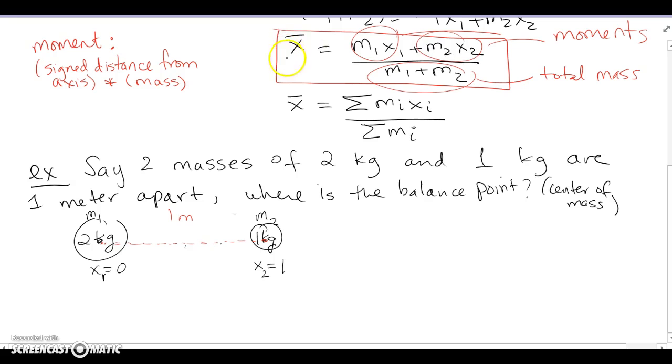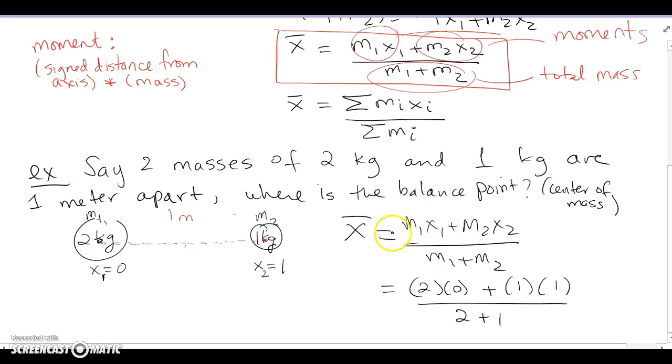So if I want to find the balance point, I have my M1 x1 plus M2 x2 over the total mass of the system. So I just plug them in, mass 1, 2 kilograms. X1, based on what I call the 0th location, is 0. M2 is 1 kilogram, X2 is 1 meter away, all over the total mass 2 plus 1.